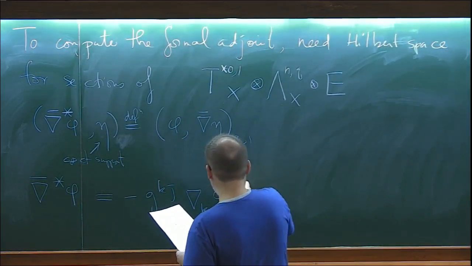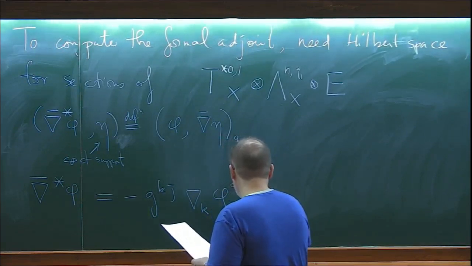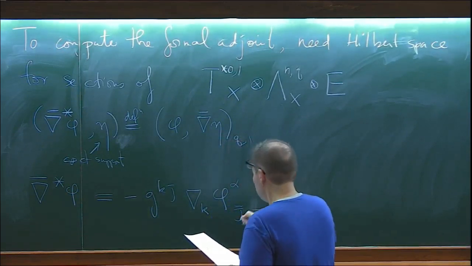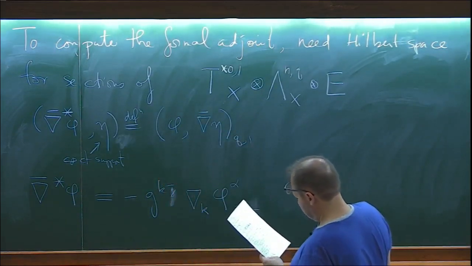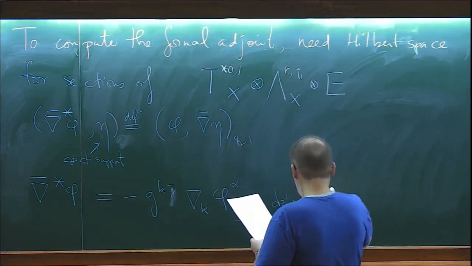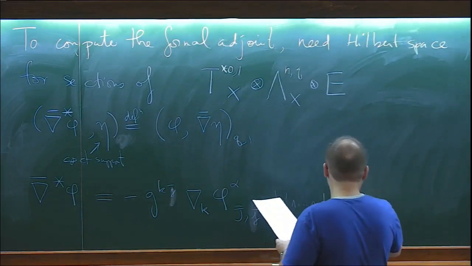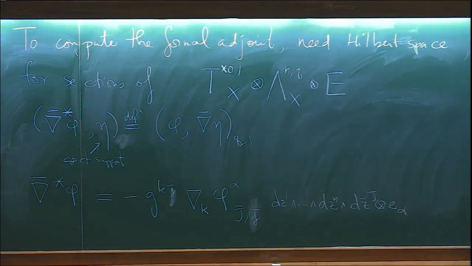And then you have phi alpha J bar, dz1 wedge ... dzn wedge dz bar J tensor E alpha. So, for whatever it's worth, those are the two formulas for the other d bar operator and its formal adjoint.